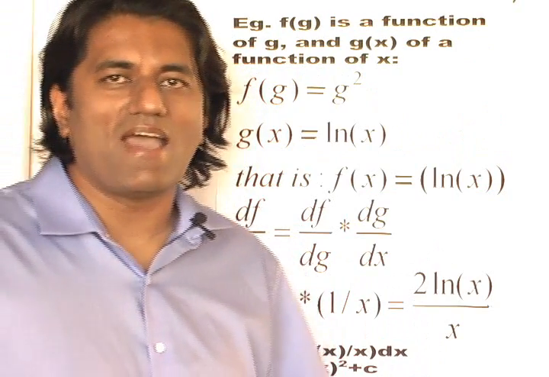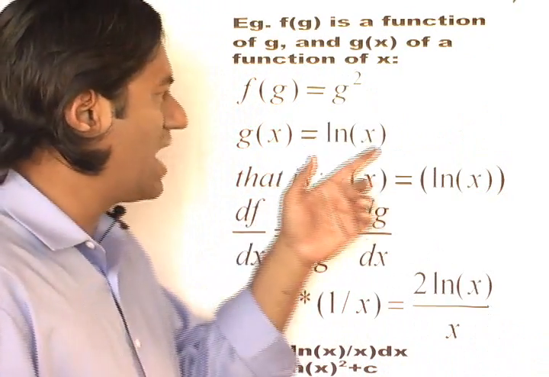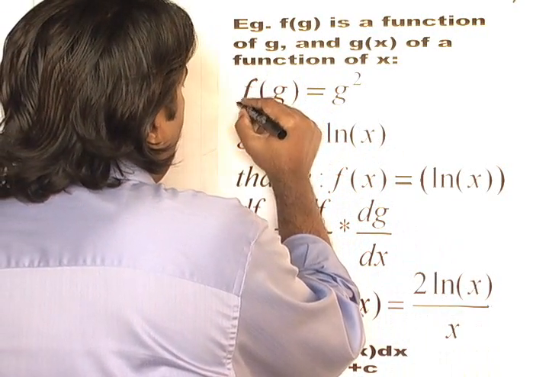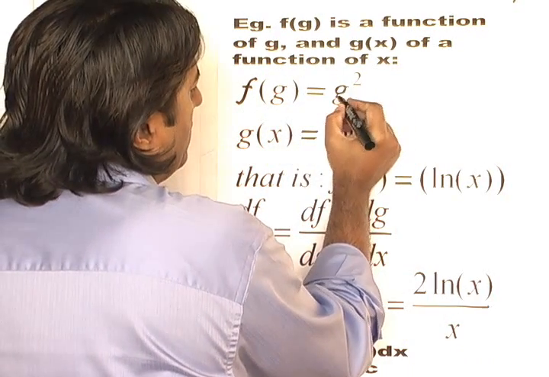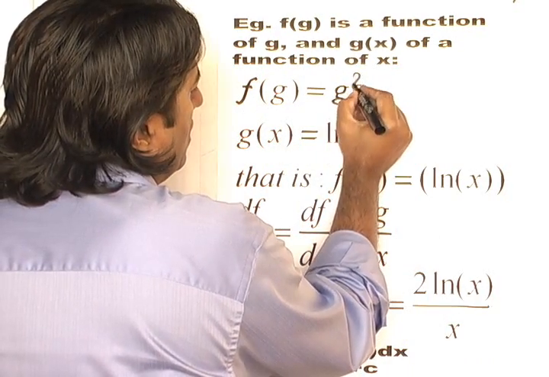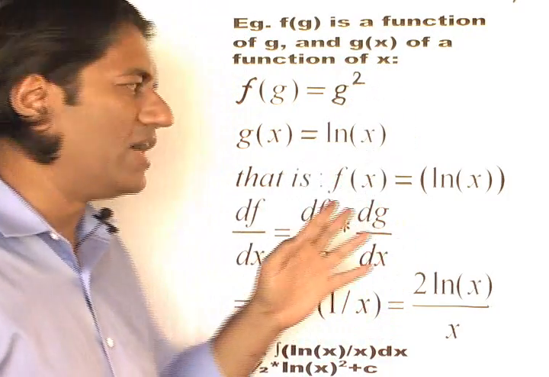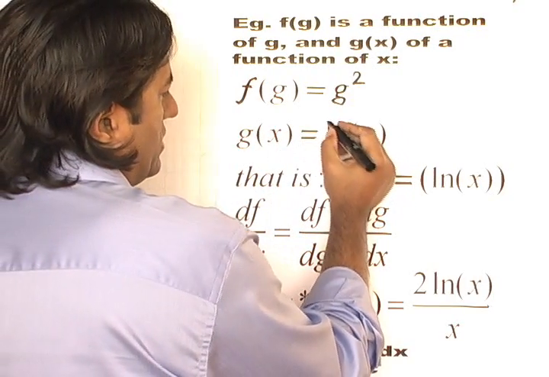So here we have an example of the application of the chain rule. We first say that f is a function of g, so f equals g squared. Next, we say that g is a function of x, and g equals log x.